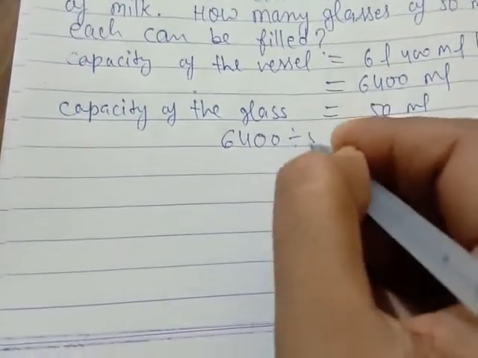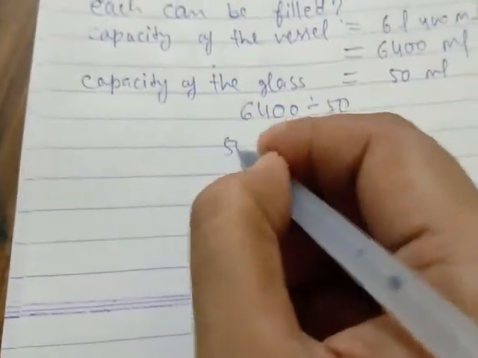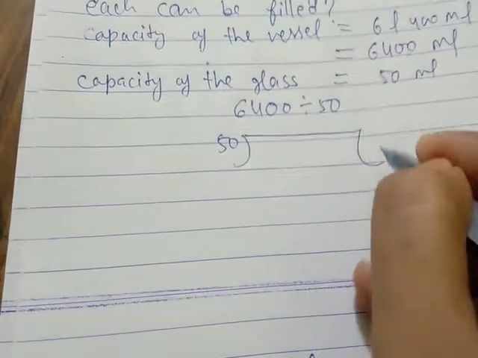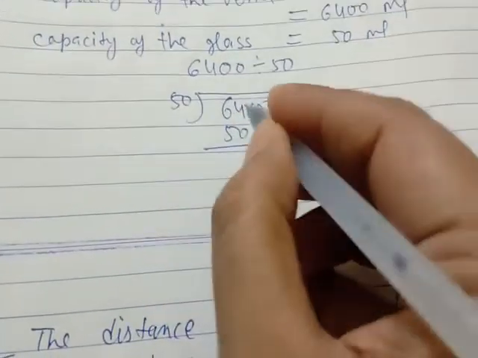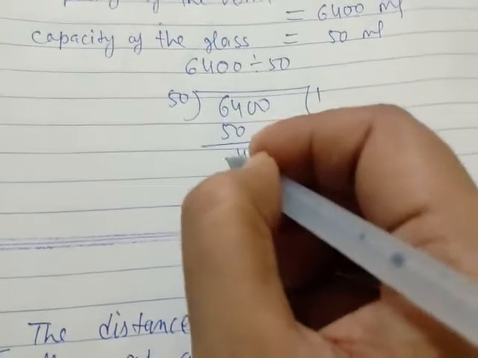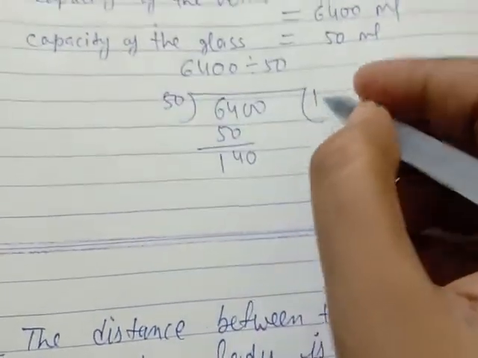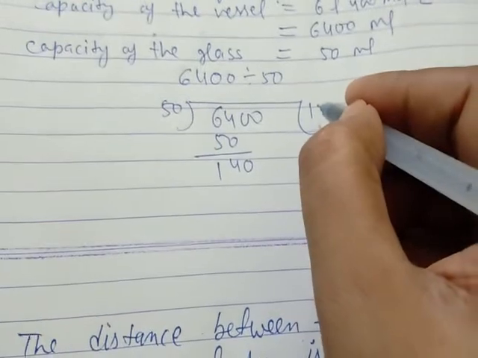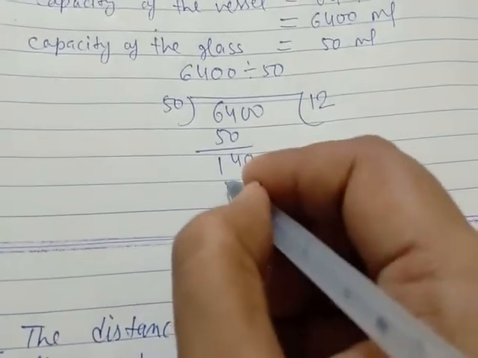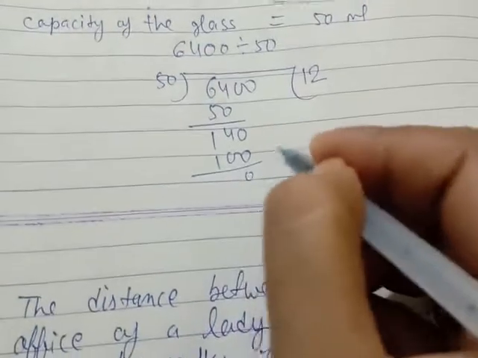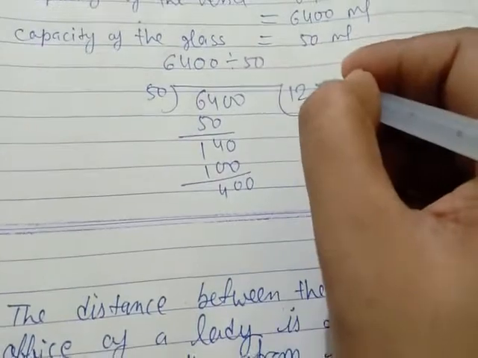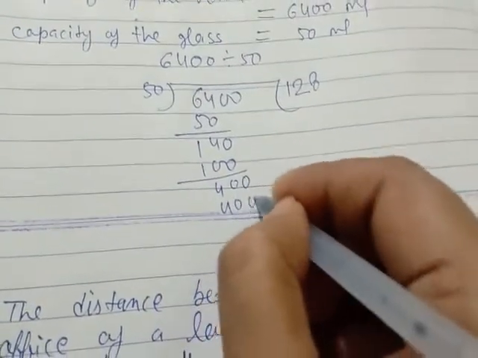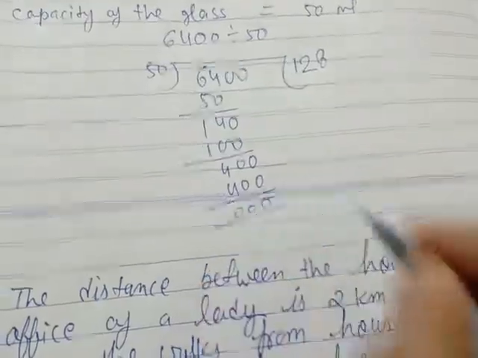So we will write 6400 divided by 50. Now writing here 6400, dividing the number: 51 is 50, 4 minus 0 is 4, 6 minus 5 is 1, and taking 0, 52 is 100, 0 and 4, taking 0, 58 is 40, subtracting the numbers.